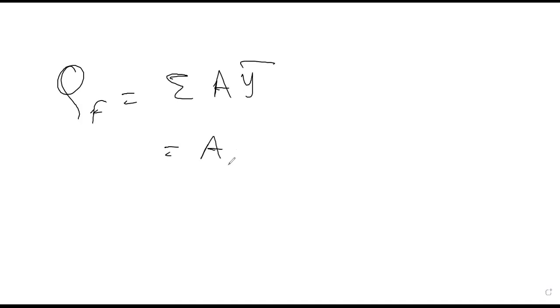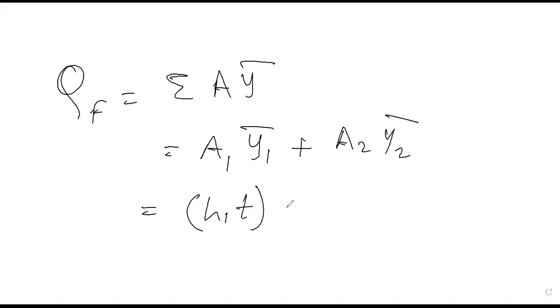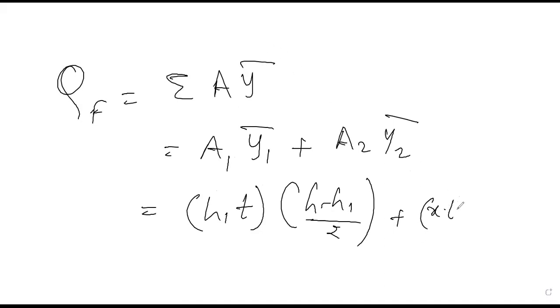Next line, QF is equal to summation of A Y bar, equal to A1 Y1 bar plus A2 Y2 bar, equal to H1 into T into (H minus H1) by 2 plus X into T into H by 2.